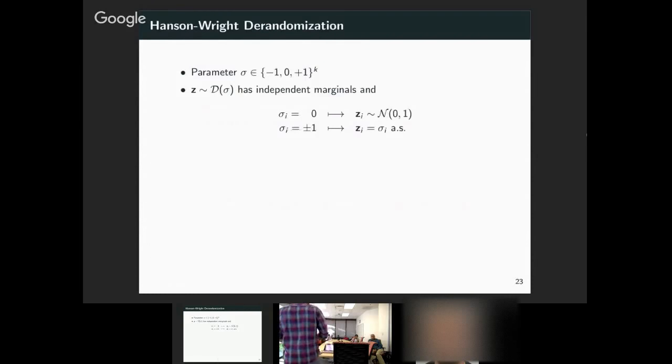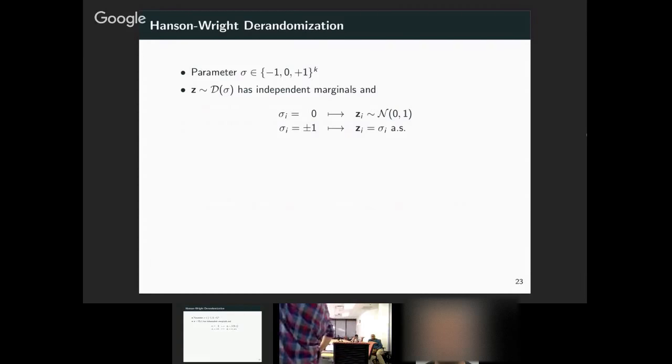So let me explain very simply how we can, for instance, derandomize the Hanson-Wright inequality using pessimistic estimators. Here our space of parameters will be, so remember that we have these vectors x1 through xk, and there's this matrix A. Our parameters are basically indexing what things we have fixed and which we haven't yet.